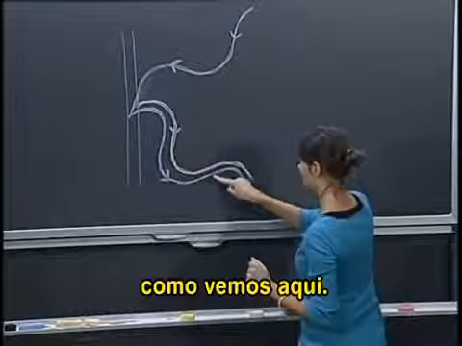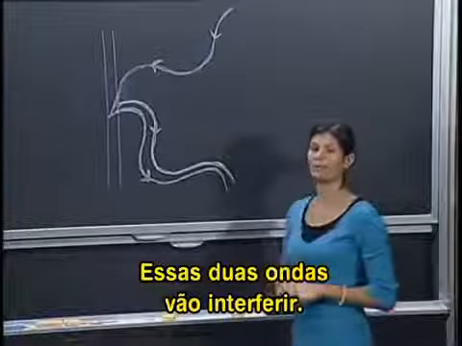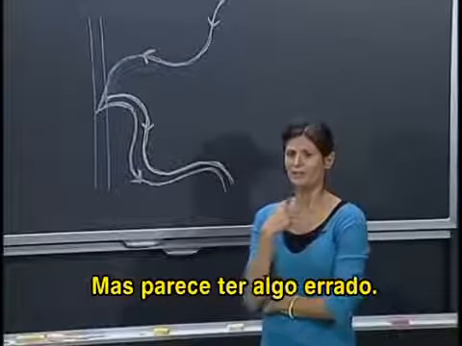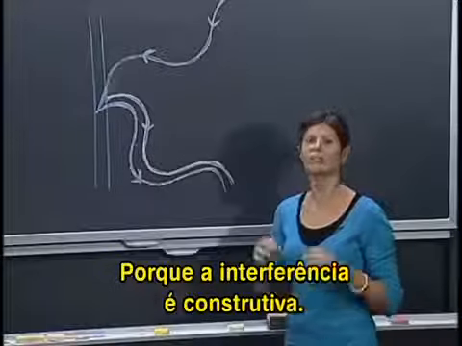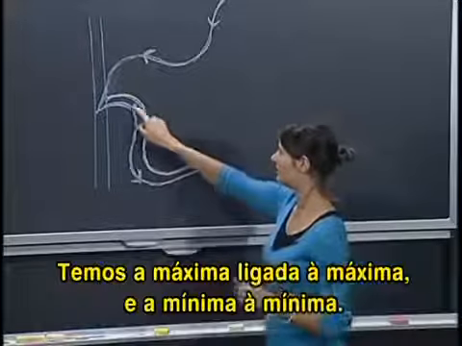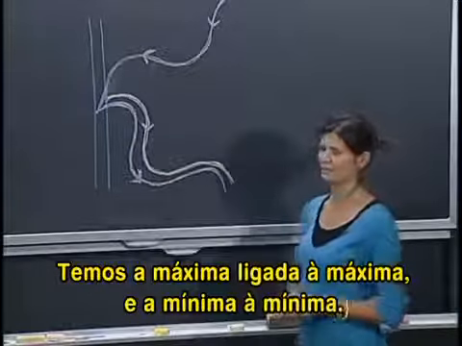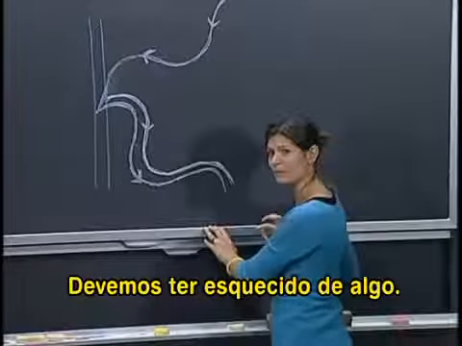And here it is. And then these two outgoing waves will interfere. However, here there seems to be something wrong, because these waves are interfering constructively. We have the maxima in correspondence of the maxima and the minima in correspondence of the minima. This is not what we observe. We must be missing something.